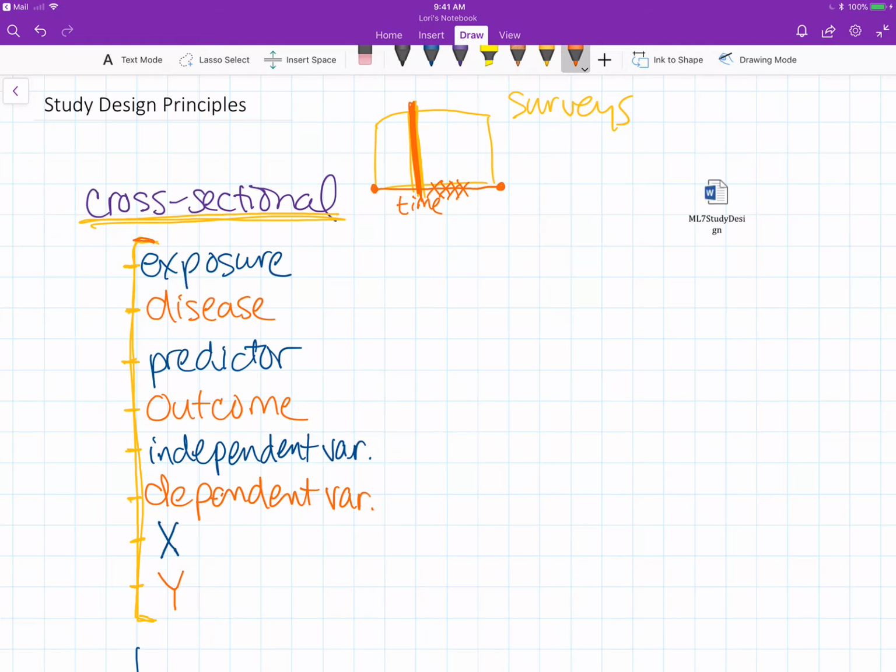They could move away. They could decide they don't want to be part of this anymore. For whatever reason, as time goes by, we might lose track of people. Also, it's very expensive to keep track of people and to keep asking them questions related to your particular research question. And so time and money is something that inherently is generally saved in cross-sectional.